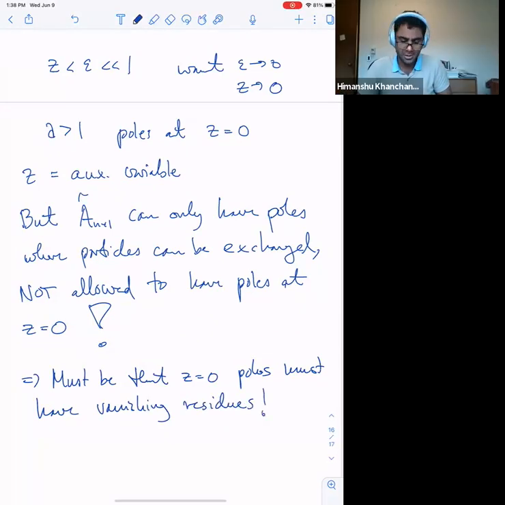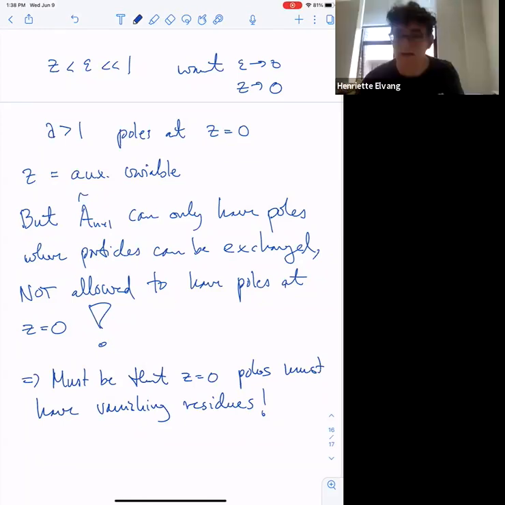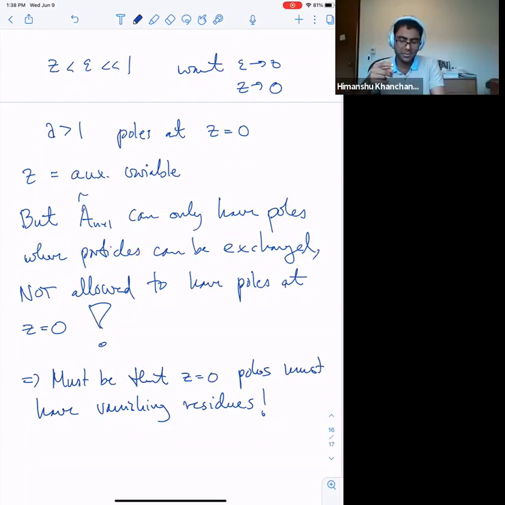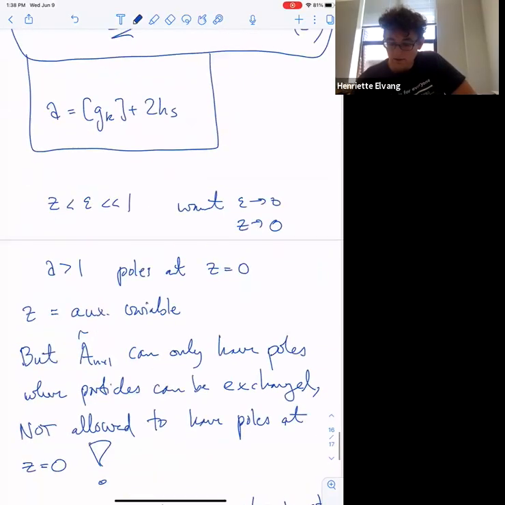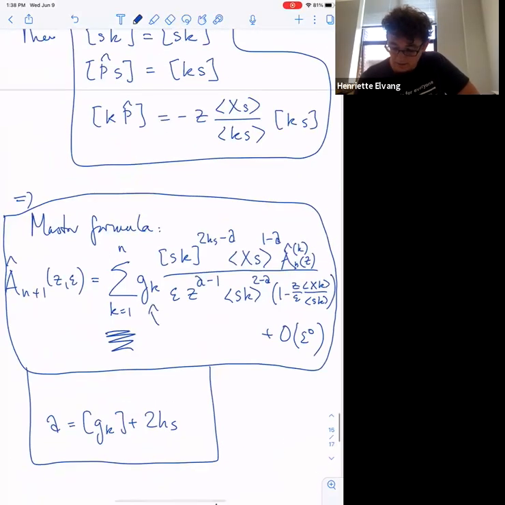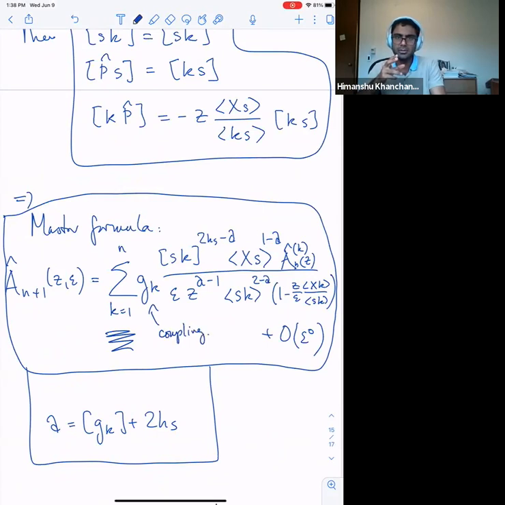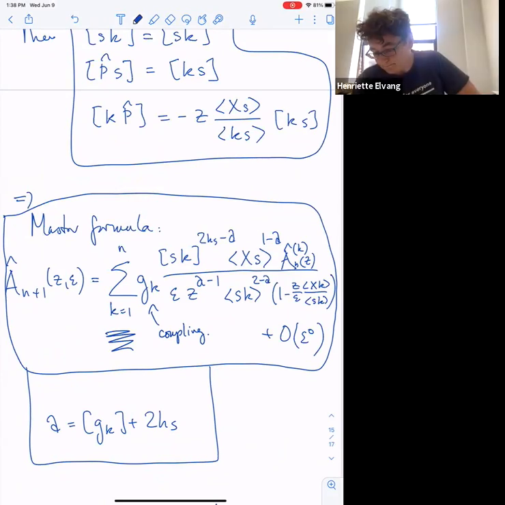They can also be branch cuts, right? There can't be any branch cuts because I'm just at tree level. GK is just a coupling. But then A can be fractional, right? There's Z to the A minus 1 in the denominator.